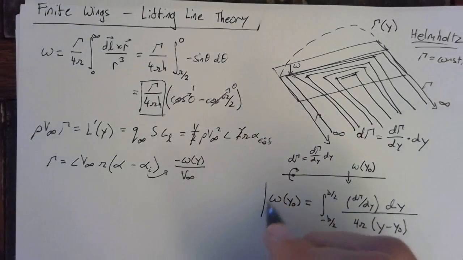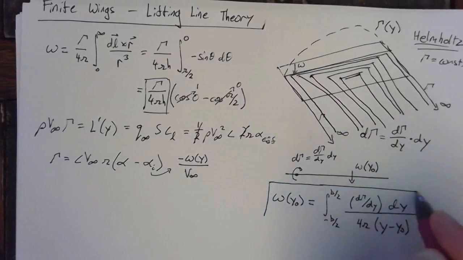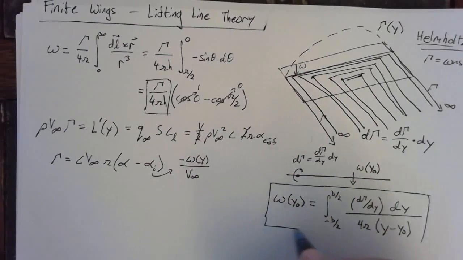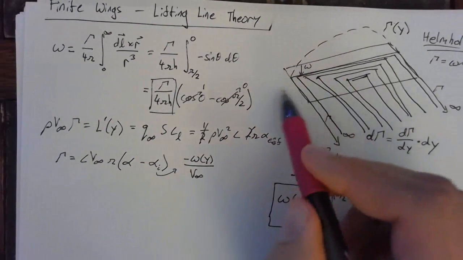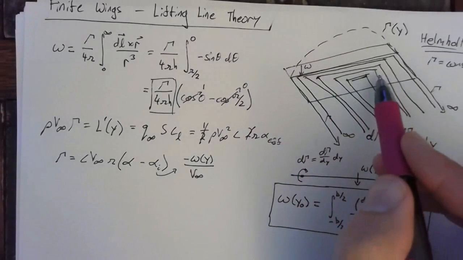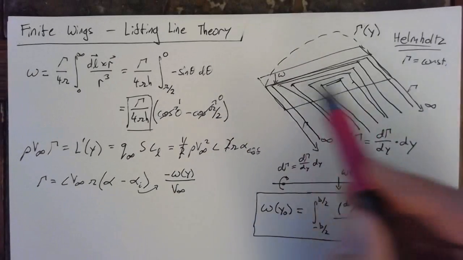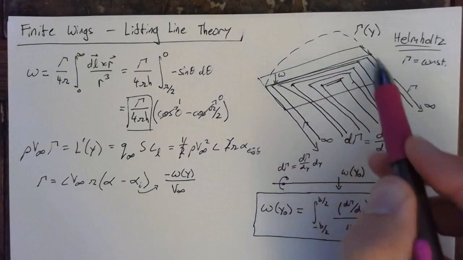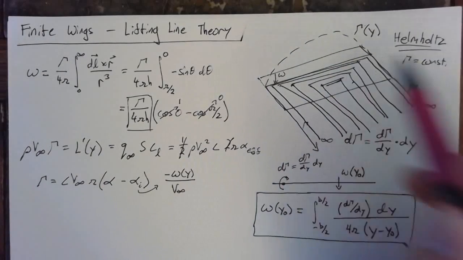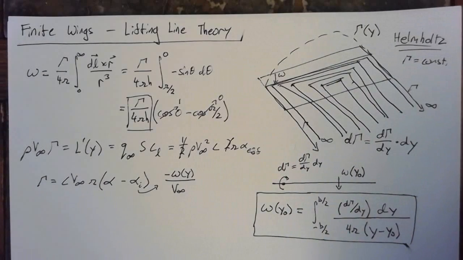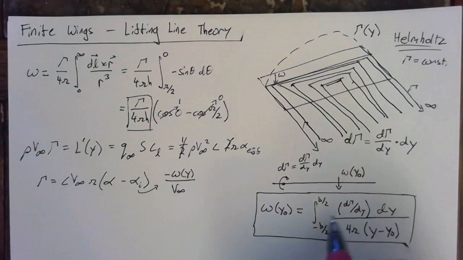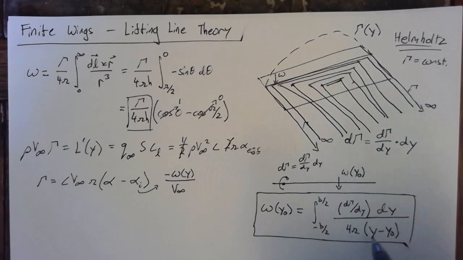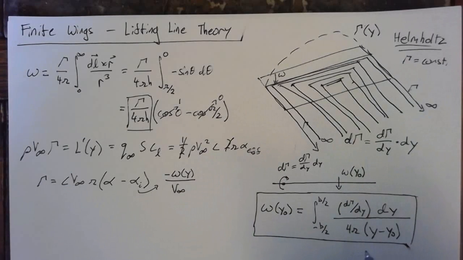So this downwash is the result of taking a constant gamma, a constant lift, and changing it so that this lift is modified across the span. And the end result is a formula that looks somewhat similar to the formula that we used for the camber line.